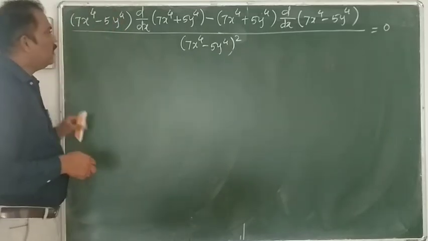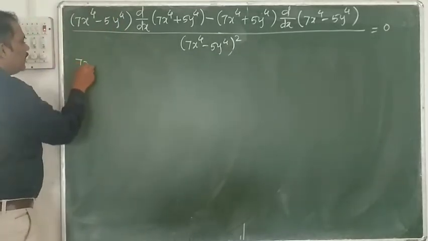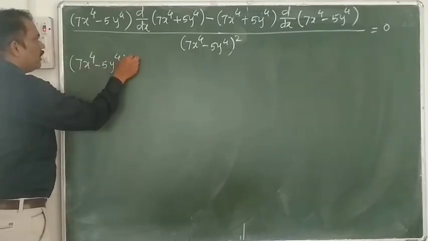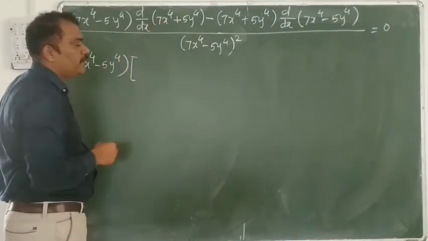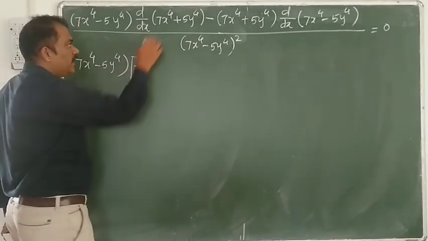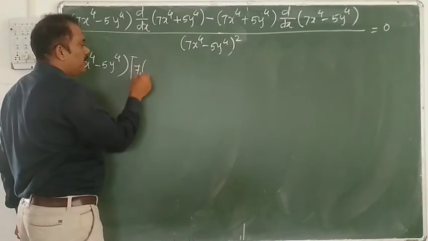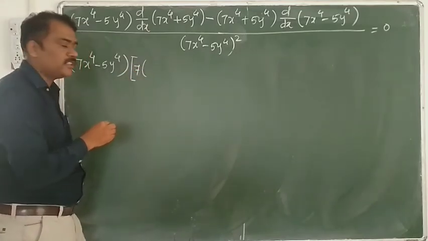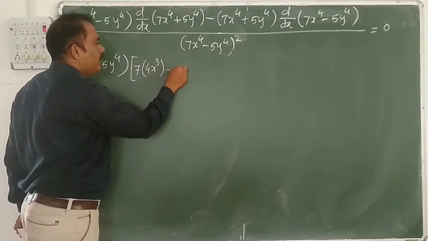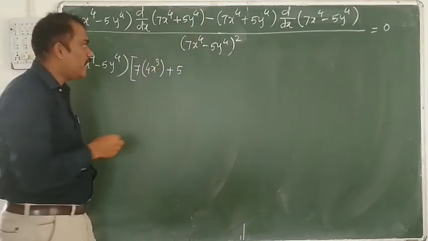Okay, so now we have to take the derivative. 7x^4 minus 5y^4 into, now we have to take the derivative of 7x^4. 7 is a constant, so we keep it outside the derivative. Now we take the derivative of x^4. By using the power function formula, it becomes 4x cubed, plus 5 times the derivative of y^4.